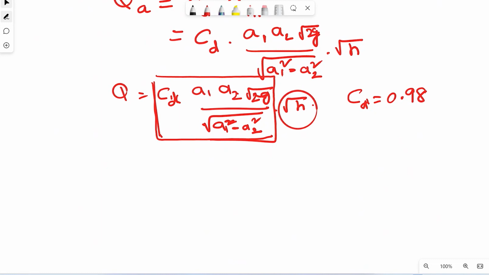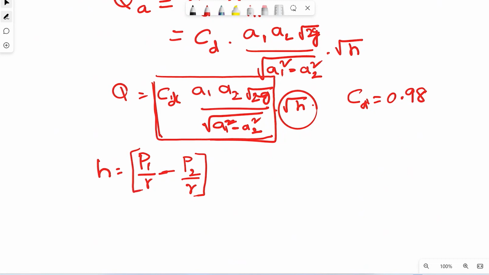That portion is nothing but H, which is equal to P1 by gamma minus P2 by gamma.